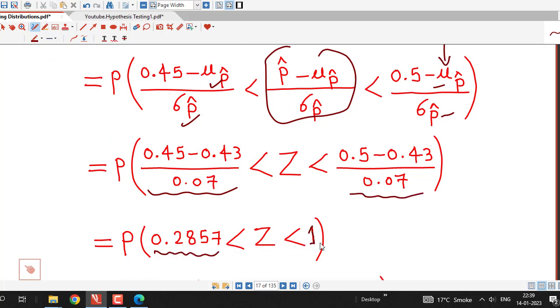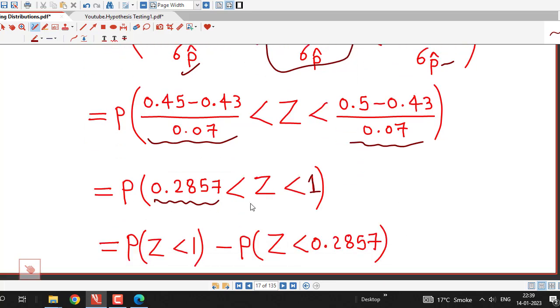This becomes 1. And using the properties of standard normal table, this I can write as probability that Z is less than 1 minus probability that Z is less than 0.2857. Okay, it is like this. Suppose we have 0 somewhere here, here we have 0.2857, and suppose I have 1 here.